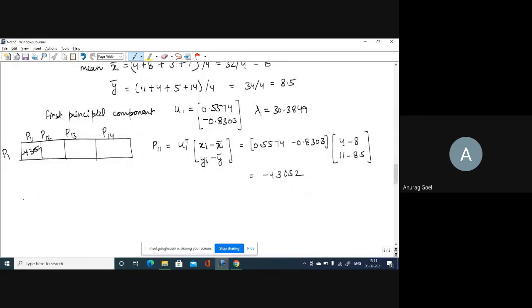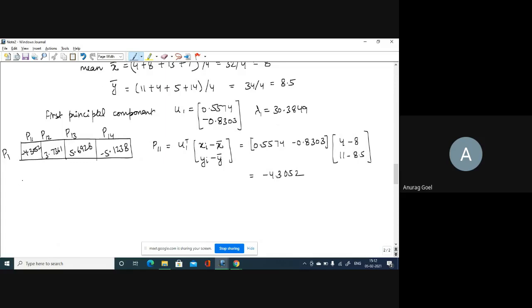Similarly, you'll get P12 as 3.7361, P13 as 5.6928, and P14 as minus 5.123.